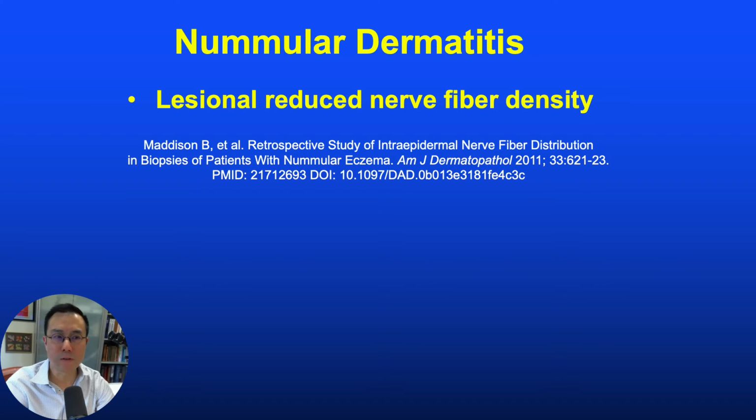One example would be the research group of Dr. Gil Josipovic. In this study, they looked at nerve fiber density in lesional nummular dermatitis, and interestingly, they found reduced nerve fiber density, which contrasts with the increased number of immunoreactive nerve fibers seen in atopic dermatitis.